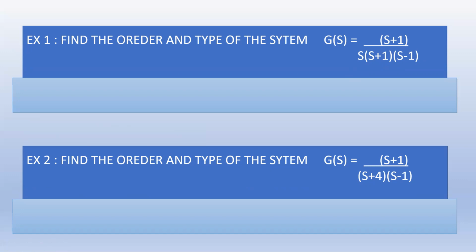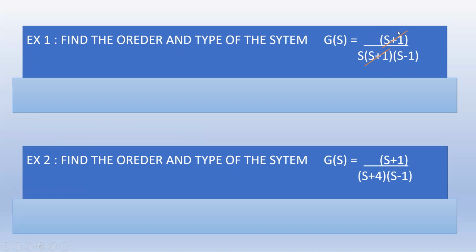This phenomenon we already saw in the signal and system course. We have a pole at s equal to minus 1, and this zero at s equal to minus 1. They both cancel, resulting in the overall transfer function 1 by s into (s minus 1). After cancelling the common poles and zeros, we find the order.